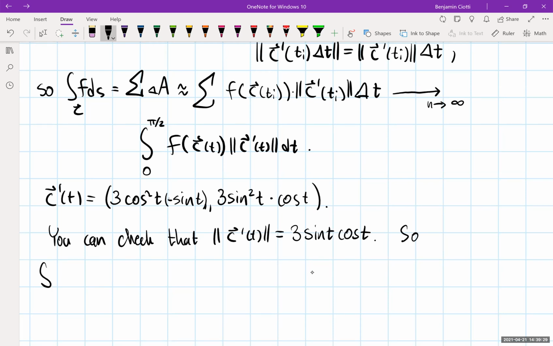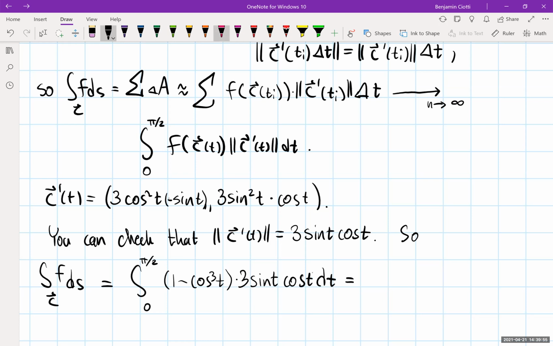So the integral of f over this path will be the integral from 0 to pi over 2 of f, which is 1 minus x, so it's 1 minus cos cubed t, times the speed, 3 sine t cos t. And if you work this out, you find that this is equal to 9 over 10.